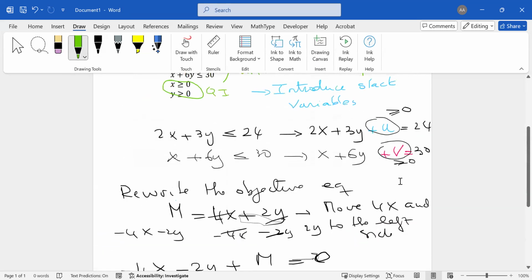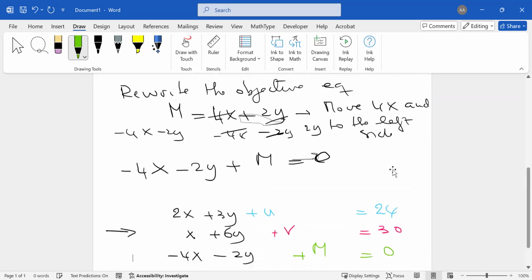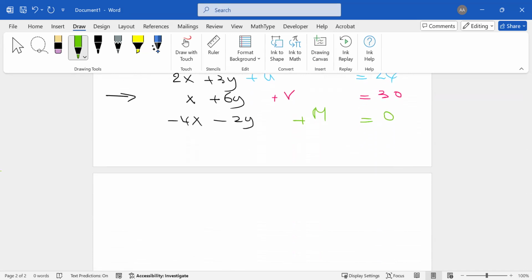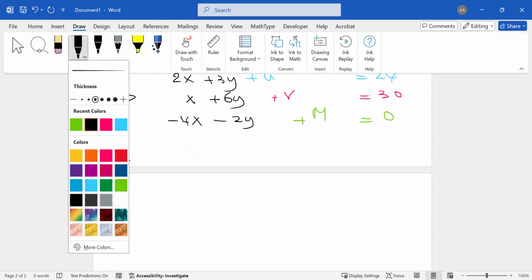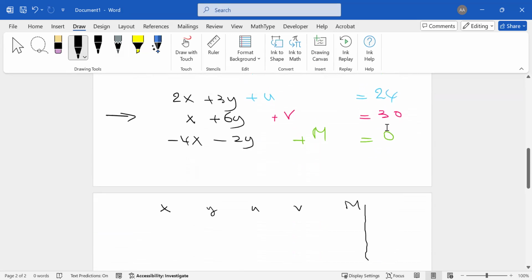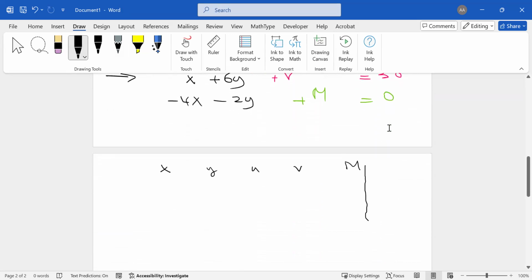I'm ready to write the simplex tableau by just writing the augmented matrix right here. I'm going to dedicate a column for x, a column for y, a column for u, a column for v, a column for m, and then on the other side, I'm going to put the constant terms.